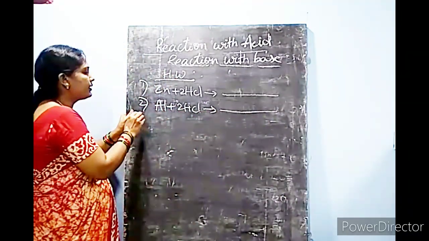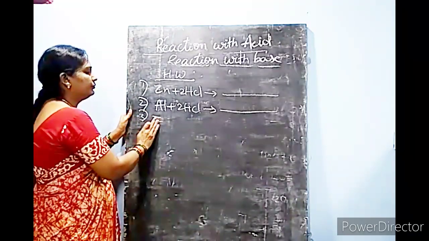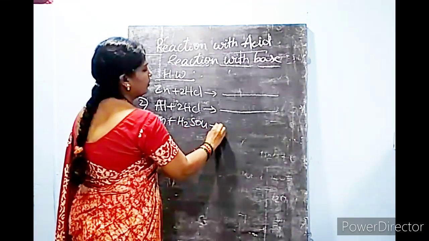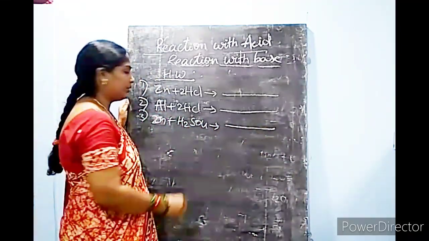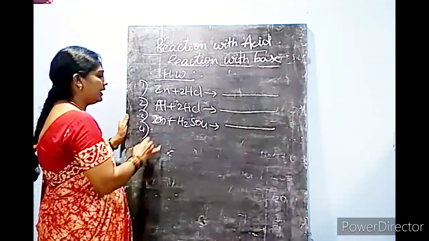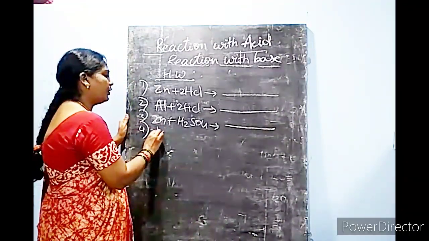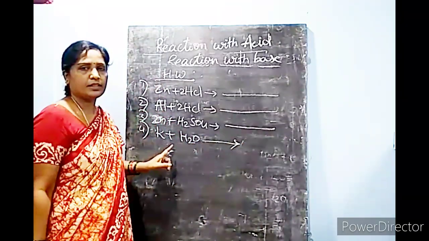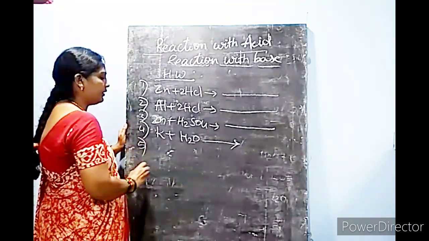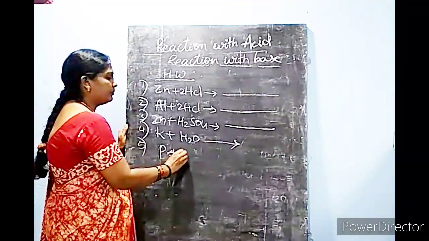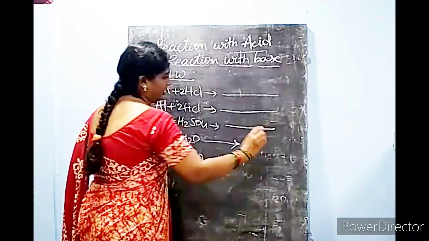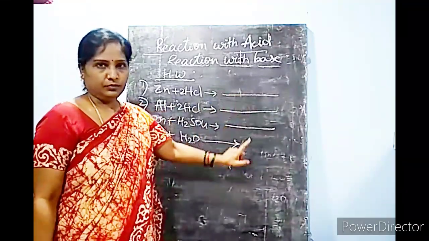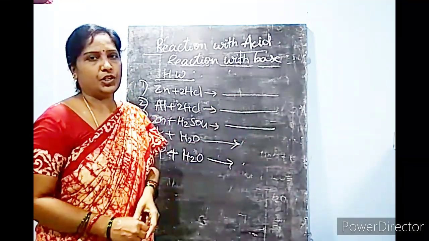Third, zinc plus H2SO4. Next, potassium plus hydrogen. And the last one, phosphorus plus H2O. So this is your homework, children. Try to find the products of these equations.